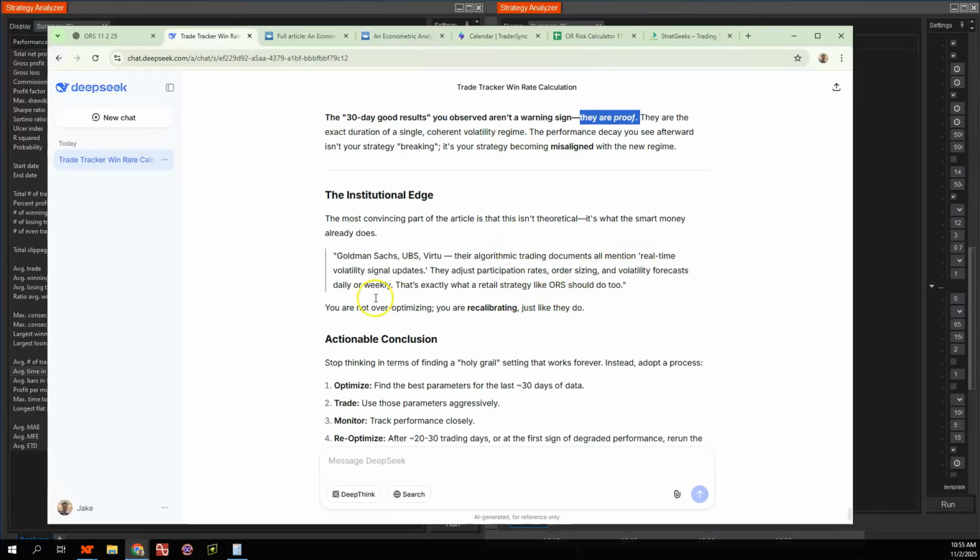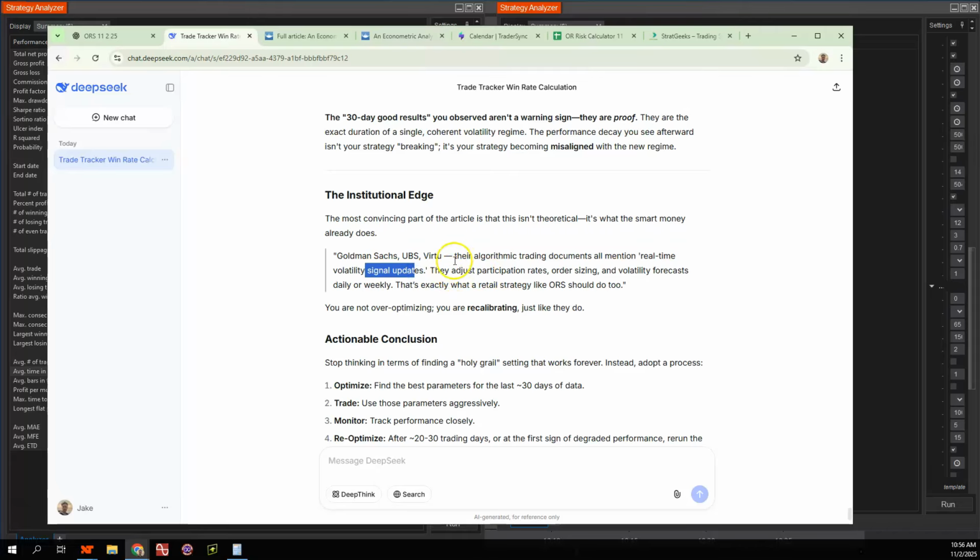I'm really trying to do something different here. The institutional edge: the most convincing part of the article is that this isn't theoretical, it's what the smart money already does. Oh yeah, that's right, I remember reading this yesterday too. Goldman Sachs, etc., their algorithmic trading documents all mention real-time volatility signal updates.